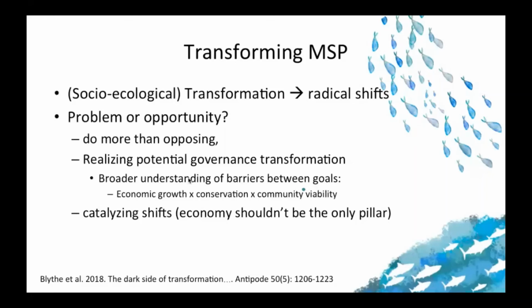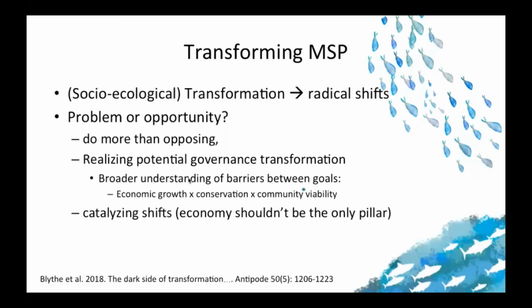But instead of looking at MSP as a huge problem, perhaps we can look at it as an opportunity. So we think there is no time for advances done in a slow manner, step by step. We think it's important to promote transformation or transformational uses of the sea. But let's make sure that this transformation is also socially ecologically fair, just for everybody that's using the oceans and the seas.